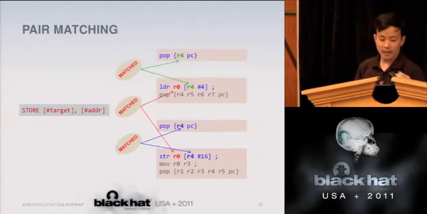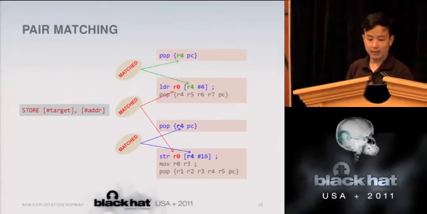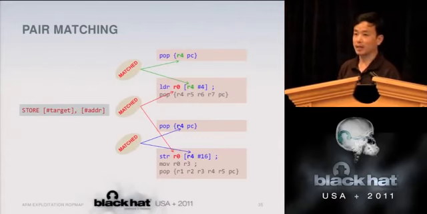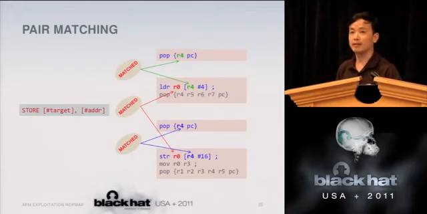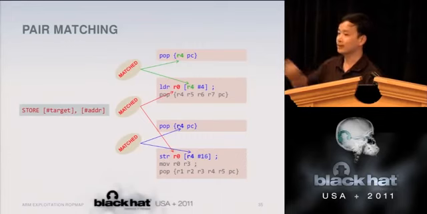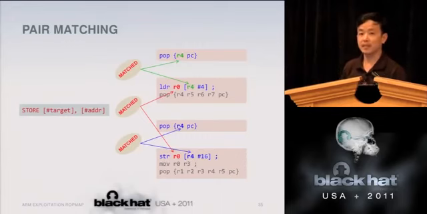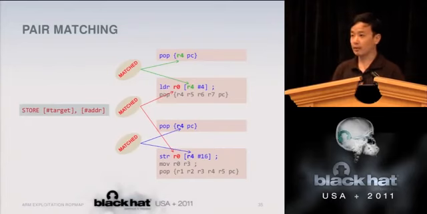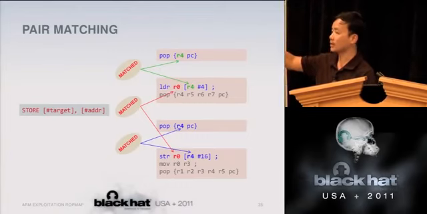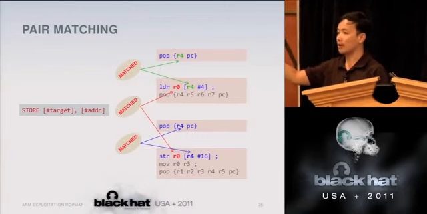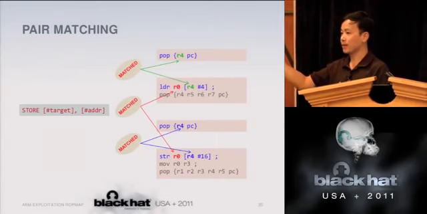So it matches. And we know the value of the address must be loaded into register R4. Again, in our candidate list, we found pop R4 PC, so it can be a match. So our tool will generate a chain of gadgets for the store instruction.